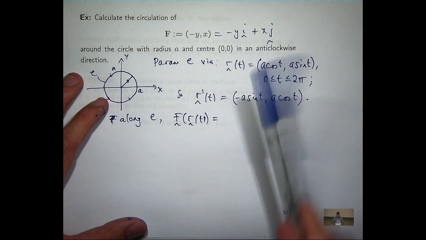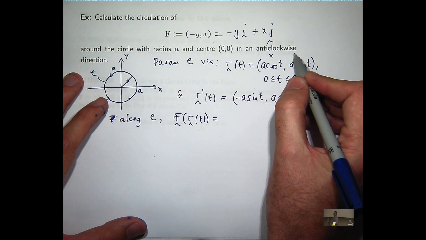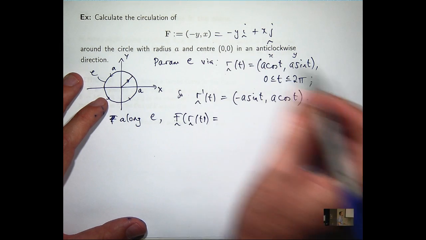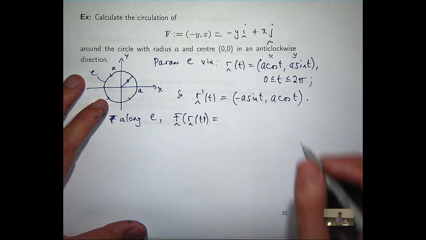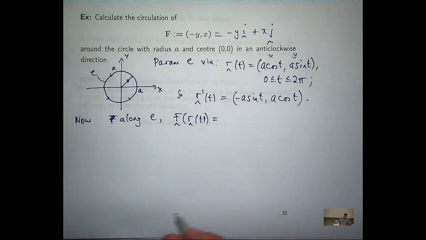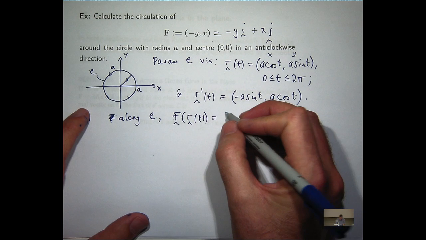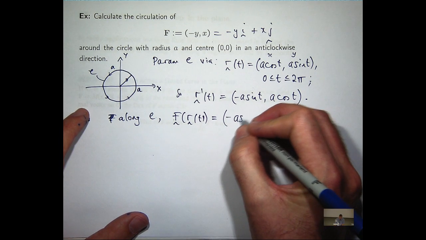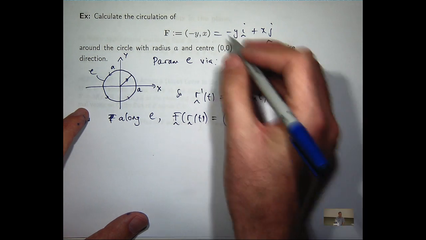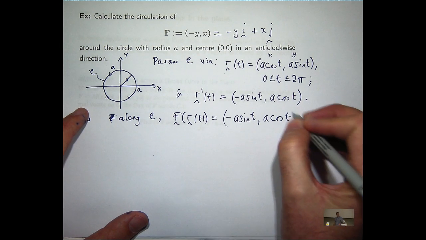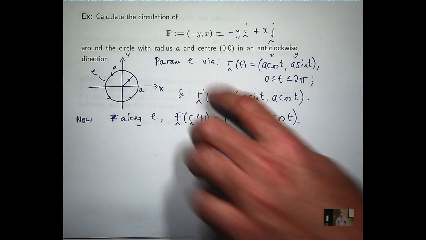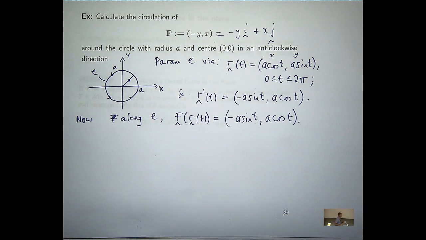Imagine this is your X and this is your Y. So you go up here, you replace X with A cosine t and Y with A sine t. So I'm going to get something like minus A sine t and A cosine t. So all I really need to do now is dot these two things together and integrate them from 0 to 2 pi.